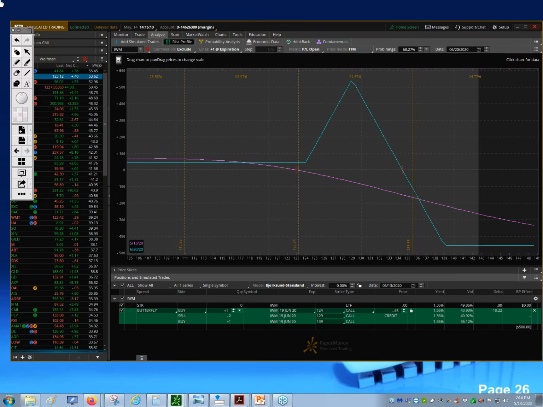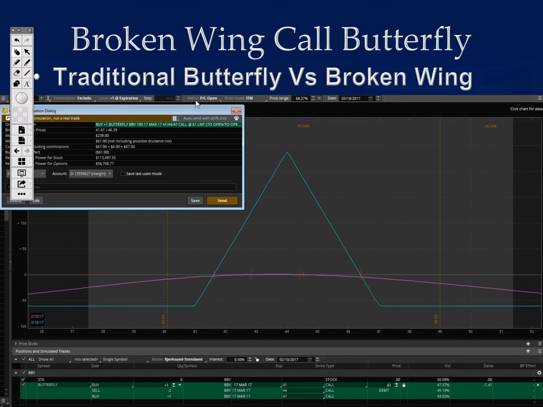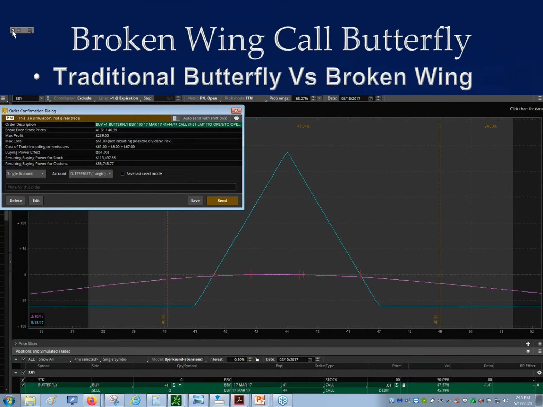All right, so just one other thing. I kind of went through this a little bit, maybe not as detailed as this. This is an old example that I just found. You can see the regular butterfly. You're going to have 2 break evens. You're also going to have a buying power effect.